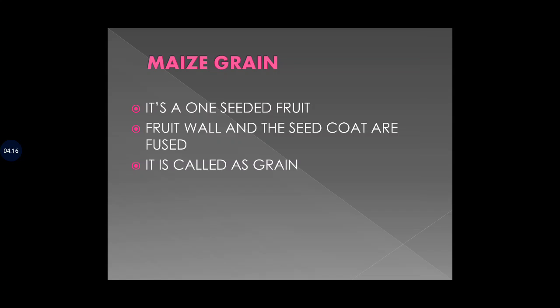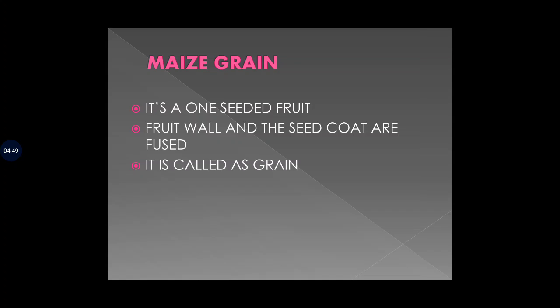So the seeds that can be divided into 2 equal halves are 2-seeded, or dicot. In the case of the maize grain, they cannot be divided into 2 equal halves, and hence it is a single-seeded fruit.